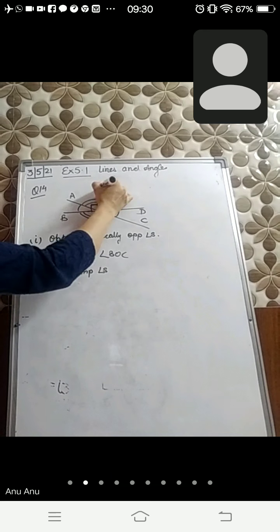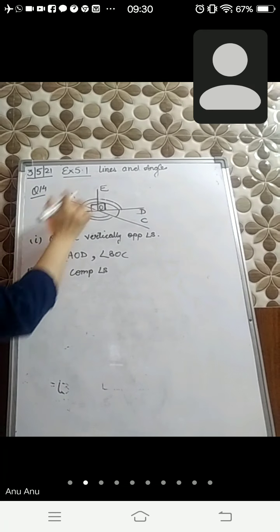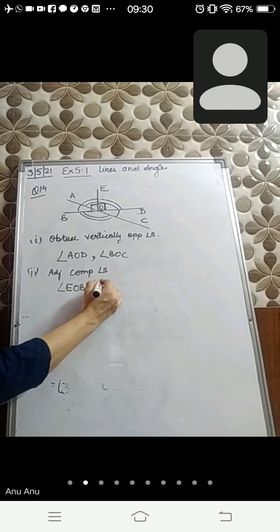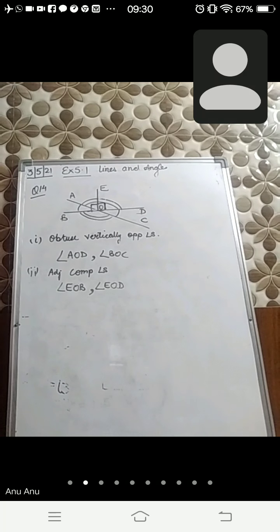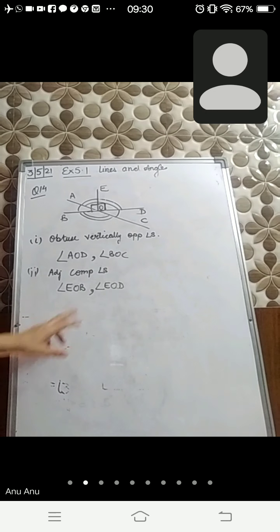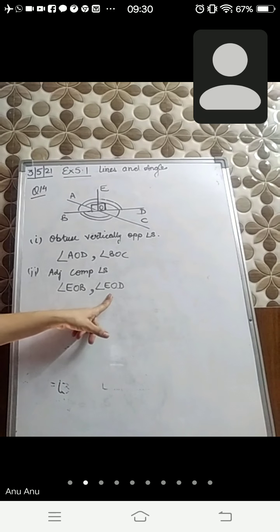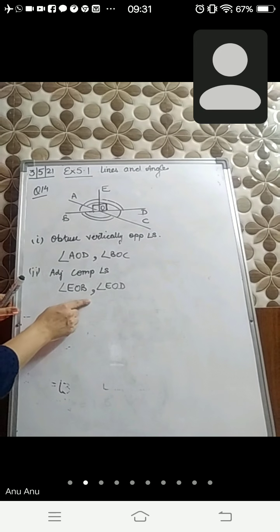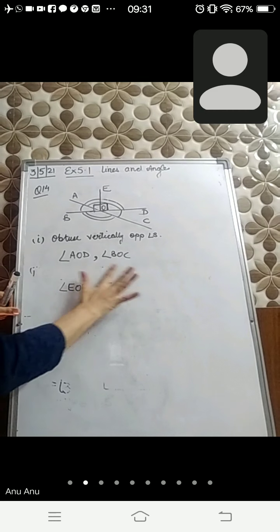The name of this line is E. Can we say that EOB and EOD are adjacent complementary angles? Is it correct, beta? No, beta, this is not correct. Because in case of complementary, the sum of two angles must be 90. But they themselves are 90, so 90 plus 90 is 180. So they are adjacent supplementary angles. So this is the answer of your third part.